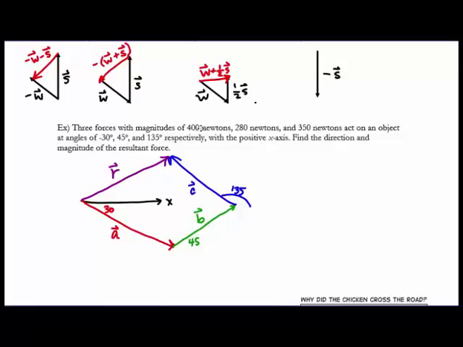So if I have 400 newtons at a negative 30-degree angle, remember that means my vector A is going to be 400 times the sine of negative, nope.